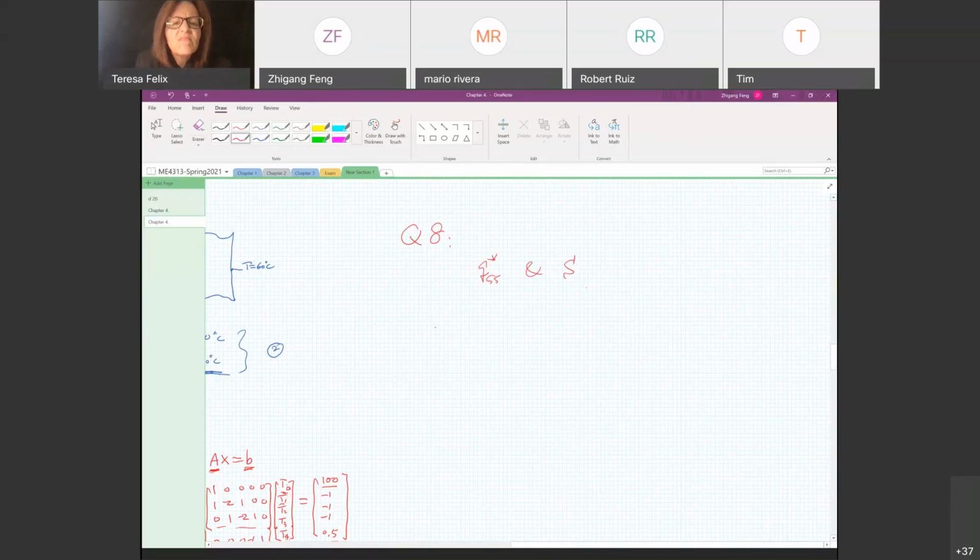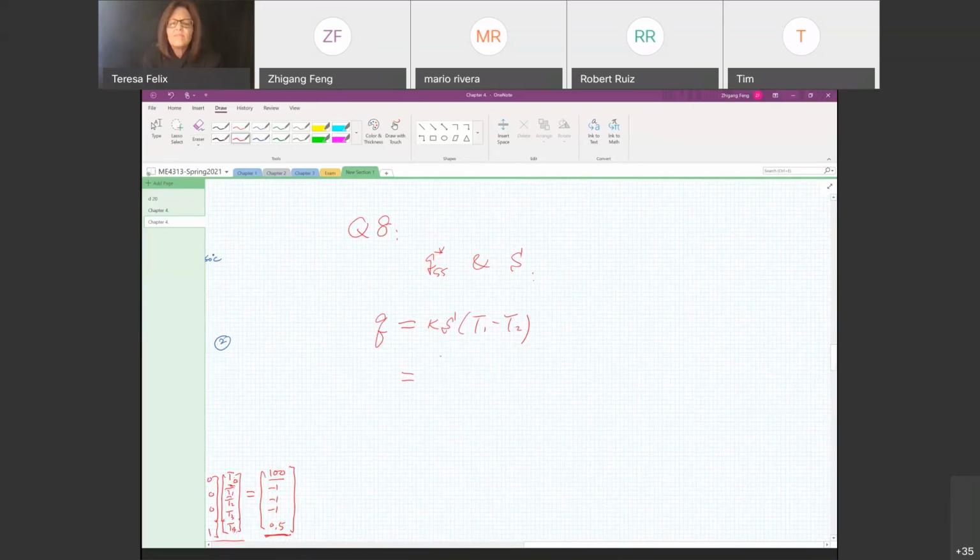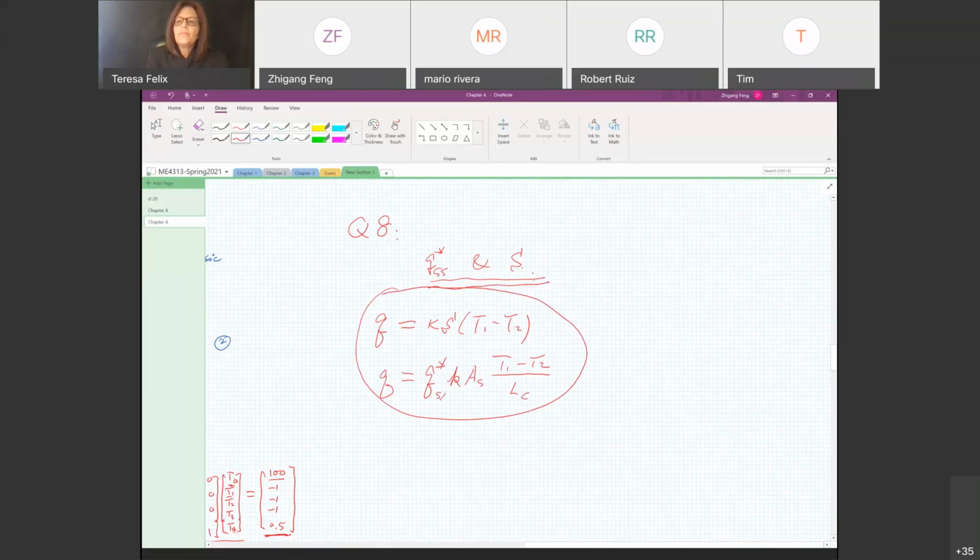I gave you a hint. So you want to compare these two equations, and then you can relate the dimensionless heat transfer rate and the shape factor. Okay. I think that's the only thing that you may need some help with.